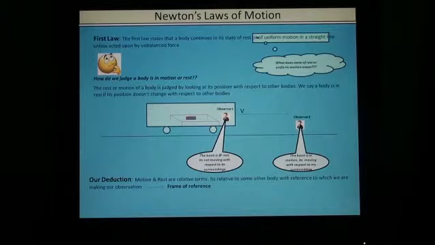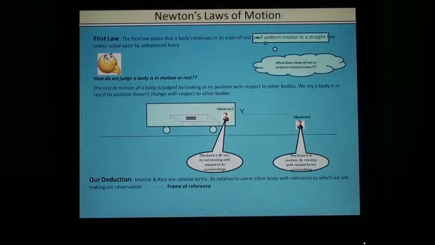As I was telling you, we judge the rest or motion with respect to its surroundings. This surrounding object with respect to which we judge the motion or rest, we call the frame of reference. So we have a reference frame, and with respect to that reference frame we judge whether a body is moving or not.